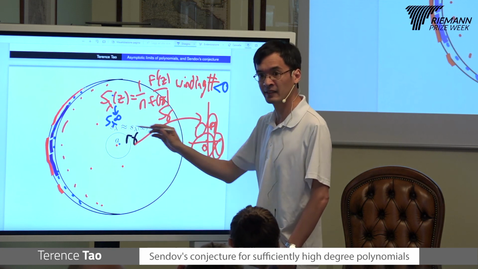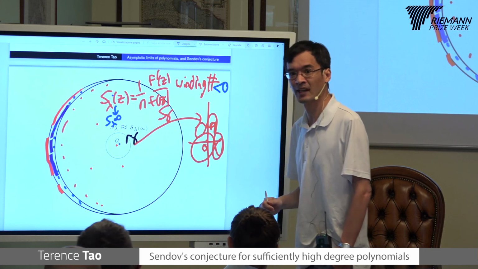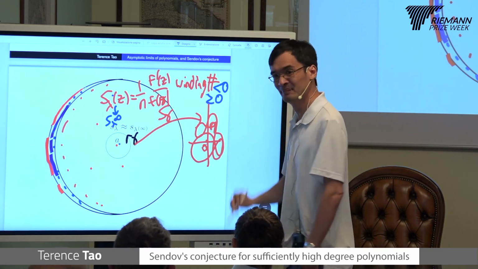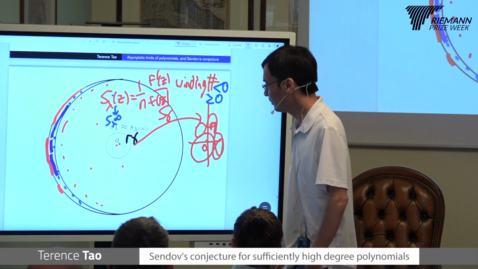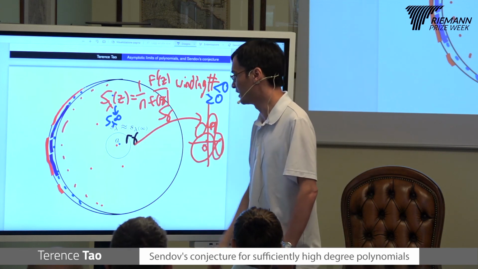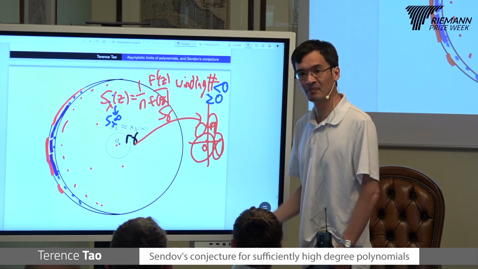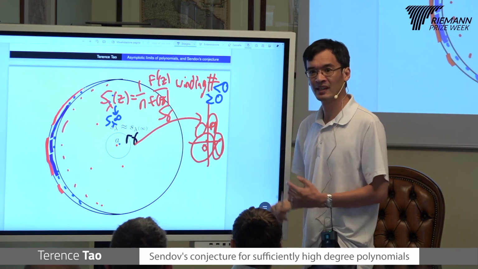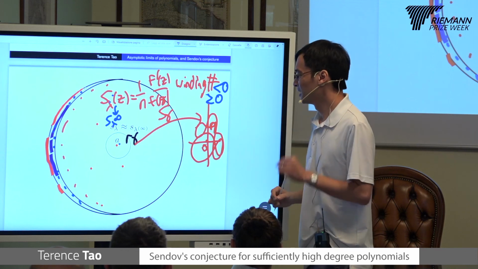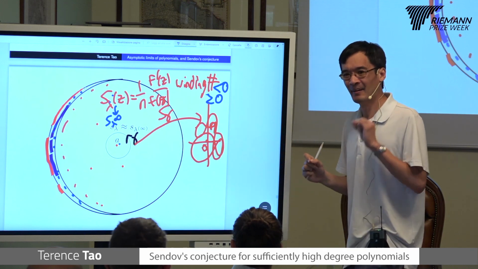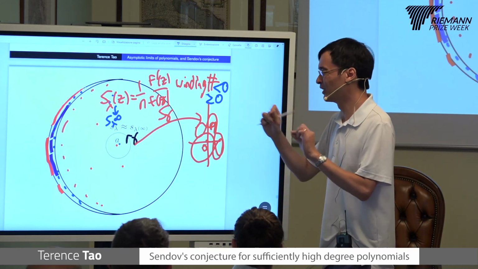So that limit has no poles and maybe some zeros, and in the limit the winding number is non-negative, because there are no more poles. But S lambda is converging to S lambda infinity, and so that should give you a contradiction. It's a little more complicated than that because the winding number is not quite continuous, but this is fixable with a little bit of effort.